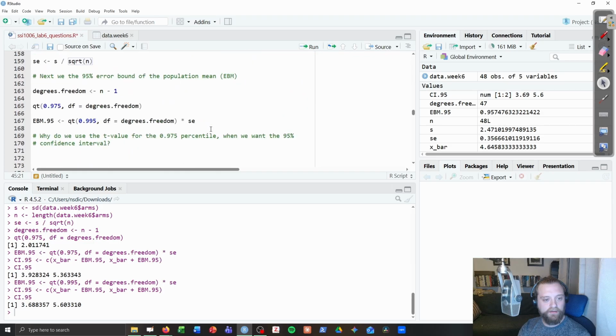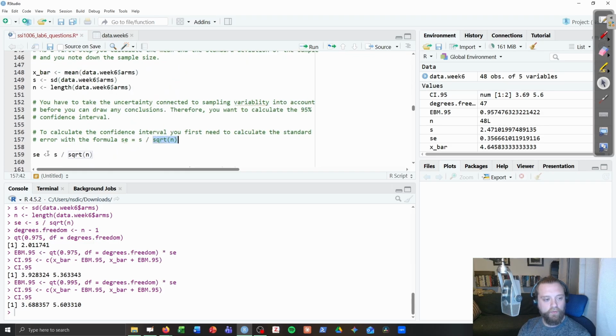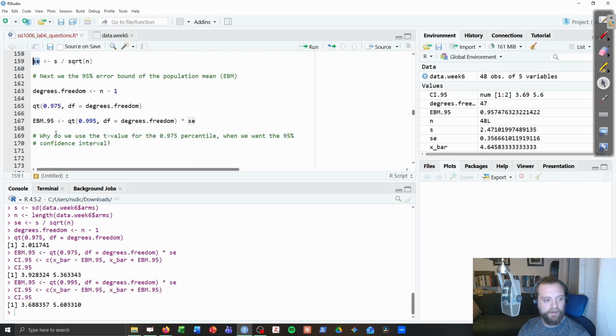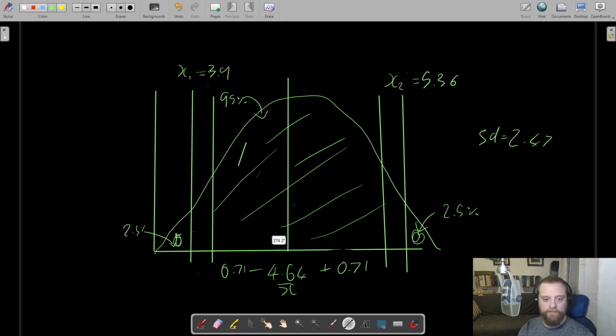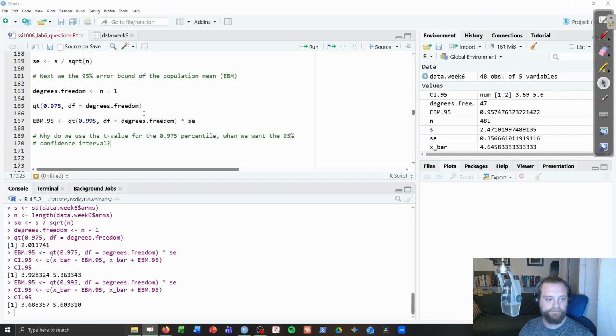So that means that a higher n will always lead to a lower standard error. A lower standard error will lead to a lower error-bound mean or proportion. And that means ultimately narrower margins. So even though this is still 95%, we will get values for x and x2 which are closer in.